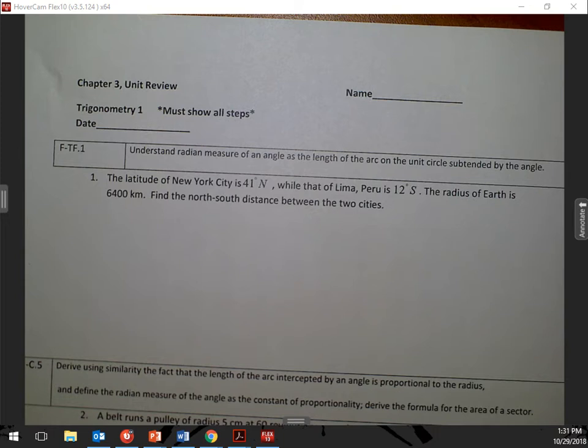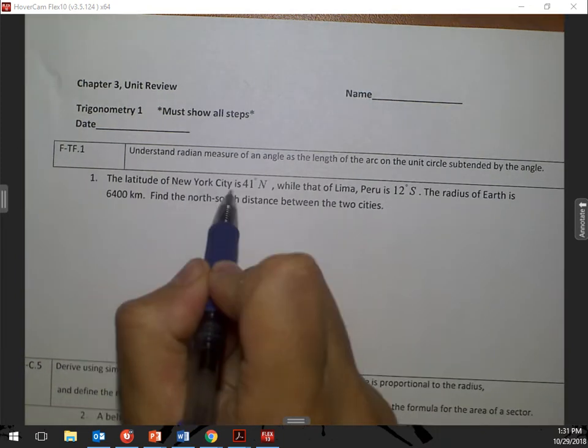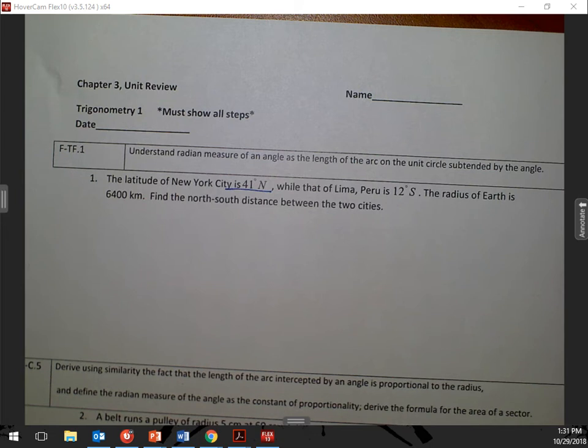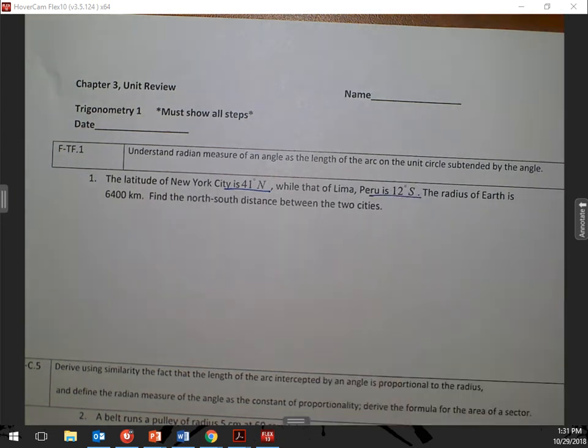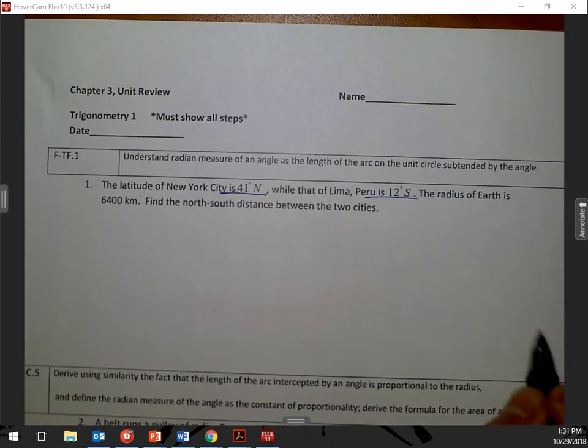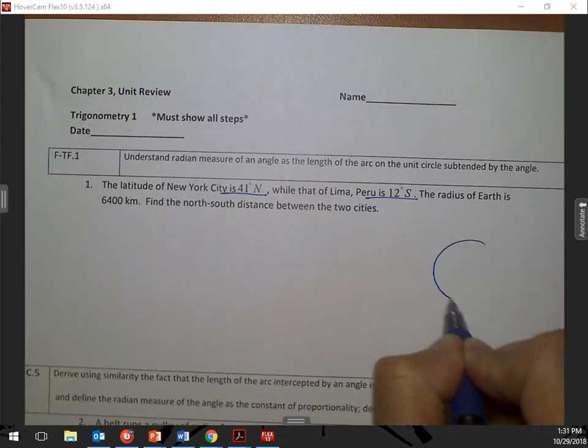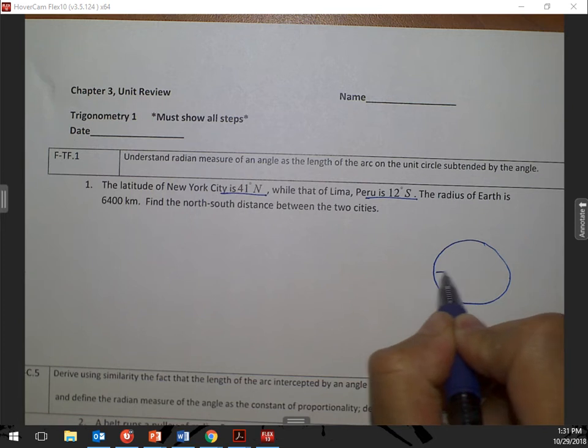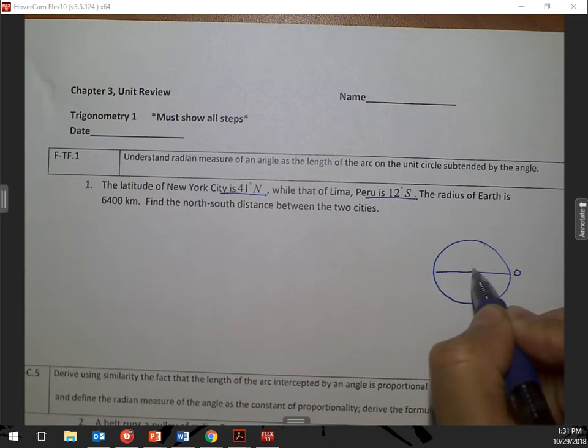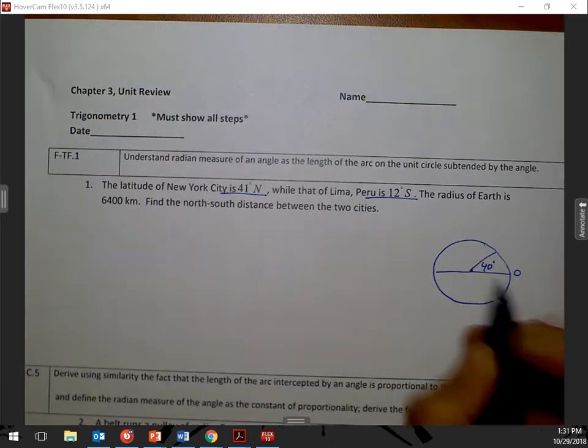Okay, on this right here, we're doing a problem. Latitude of New York City is 41 degrees north, where Peru is 12 degrees south. So we're going to have a circle right here. So we have the equator, which is at 0. This one here, which is 41 degrees north.